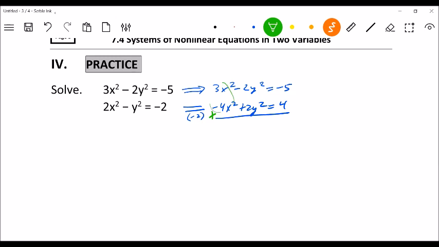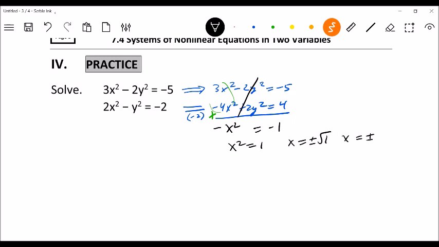So these two become a -x squared. These just go away, -2y squared plus 2y squared. And -5 plus 4 is a -1. Let's multiply both sides by -1. Get x squared is 1, which means x is equal to plus or minus the square root of 1. x is equal to plus or minus 1.